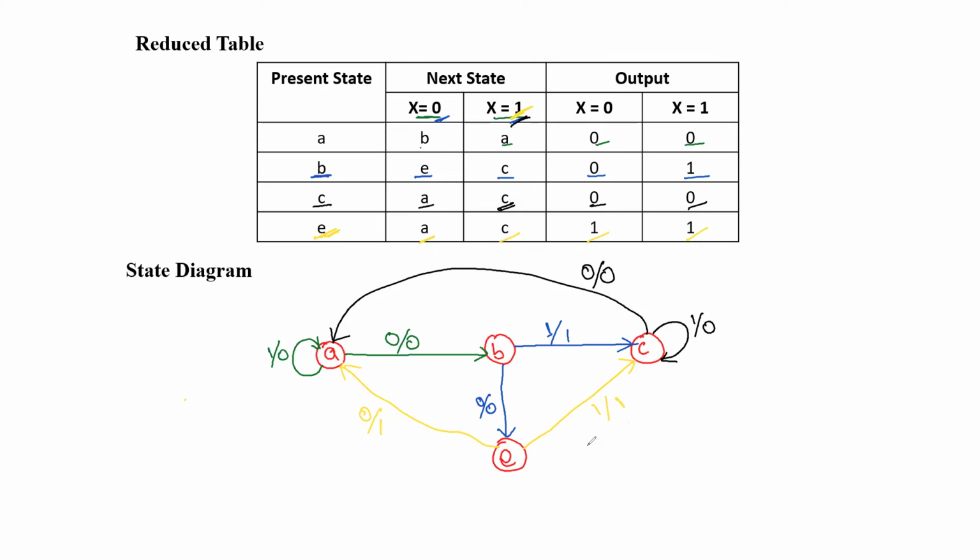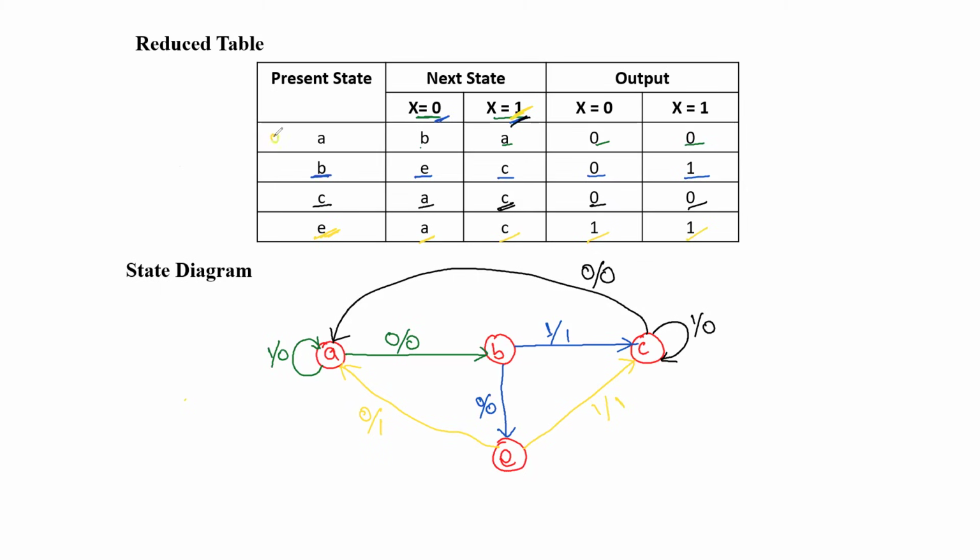After that, if you want, you can assign the state values also by using binary assignments. At last, if you want, you can write that reduced table with the help of state assignments. Now we are left with only 4 states, so to represent the 4 states, we require only 2 bits.